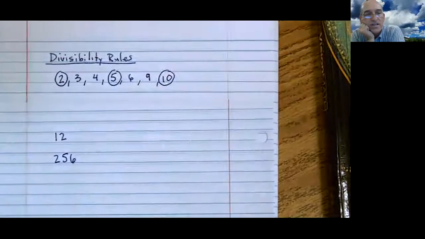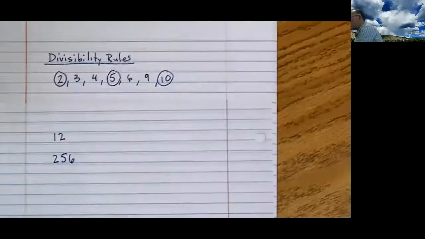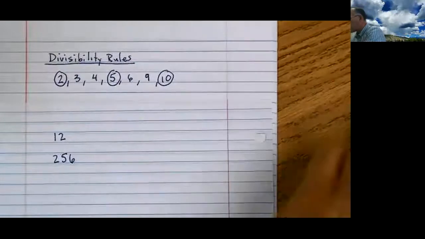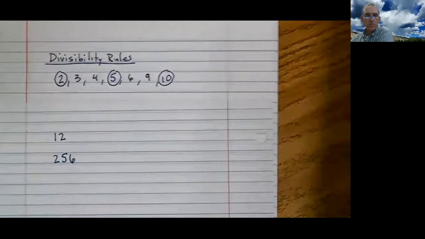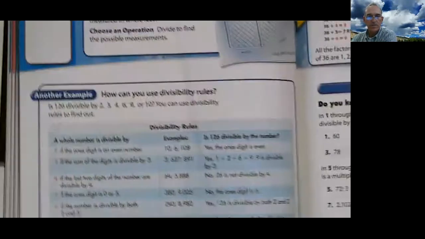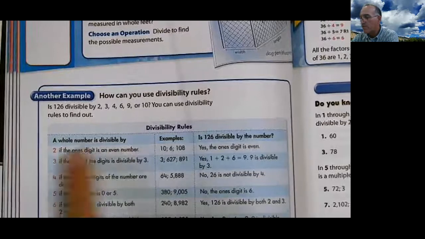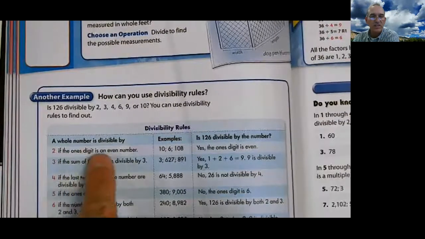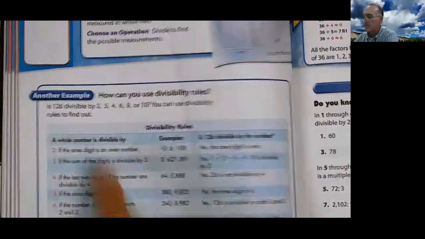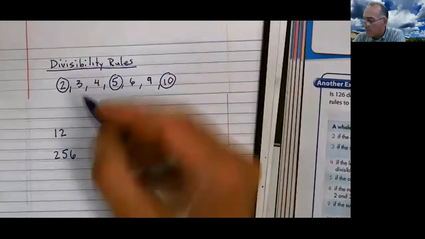The rule says a whole number is divisible by 2 if the ones digit is an even number.